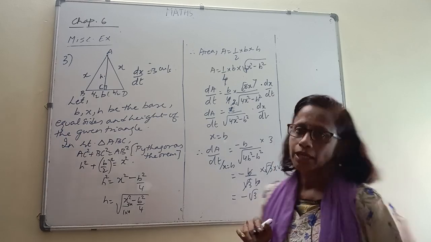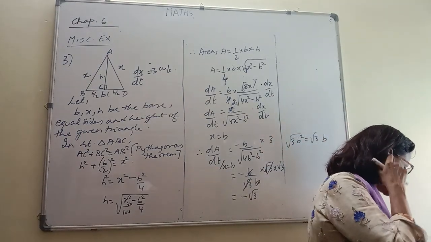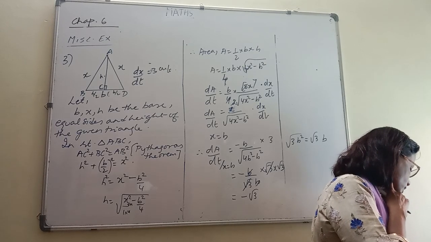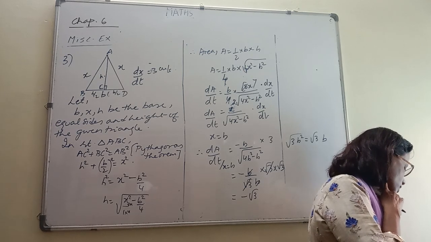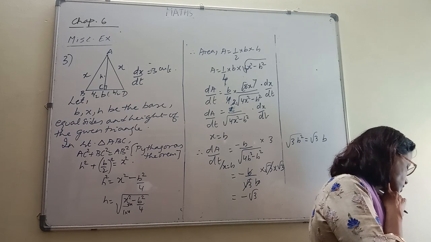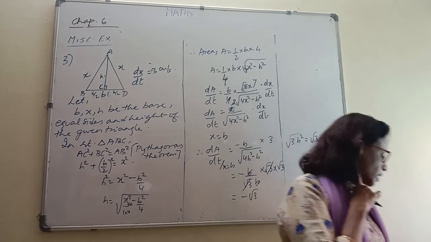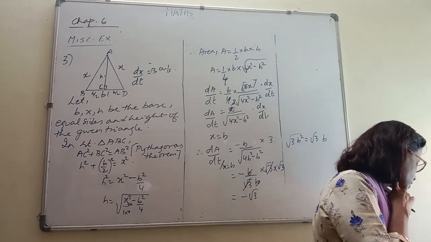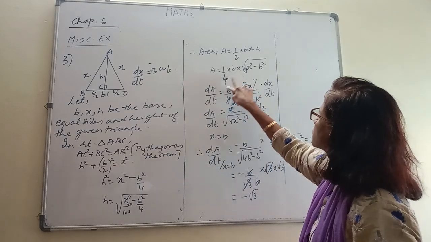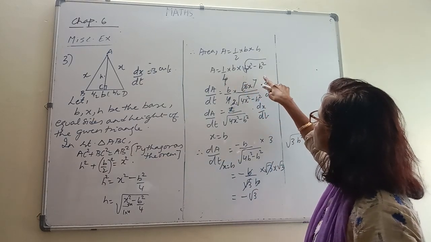So I have to keep checking the question just to see that what we have done is correct or not. How fast is the area decreasing when the two equal sides are equal to the base?